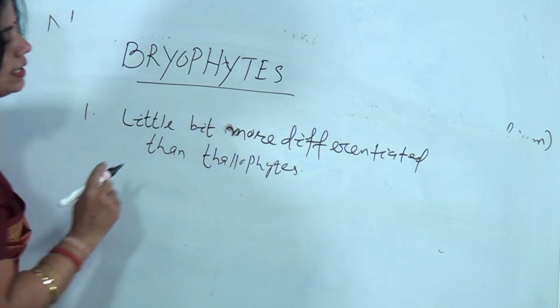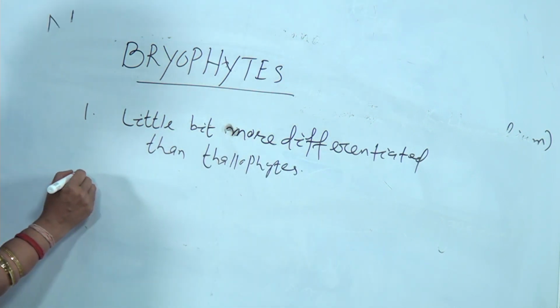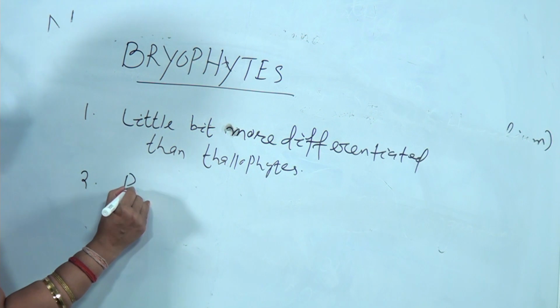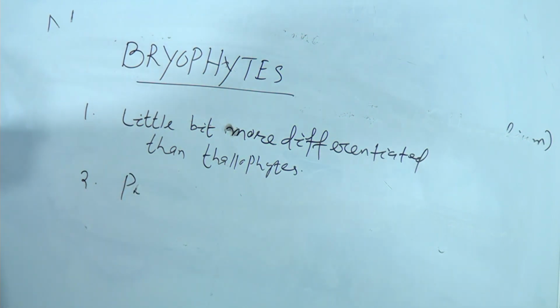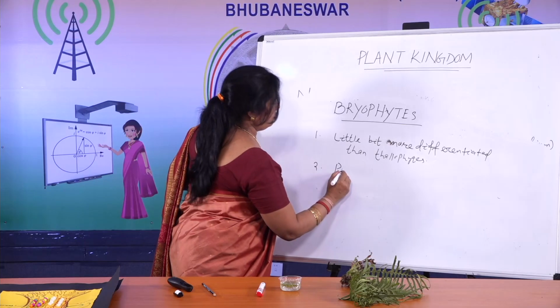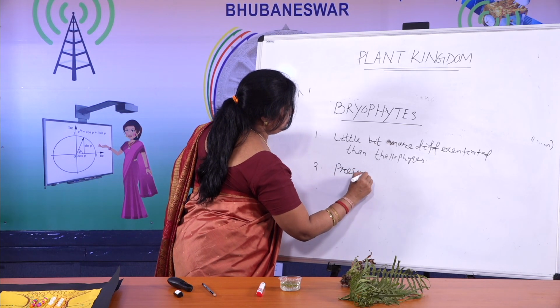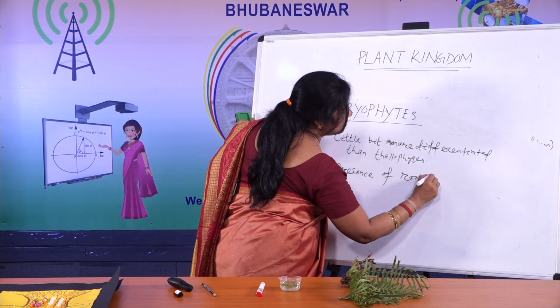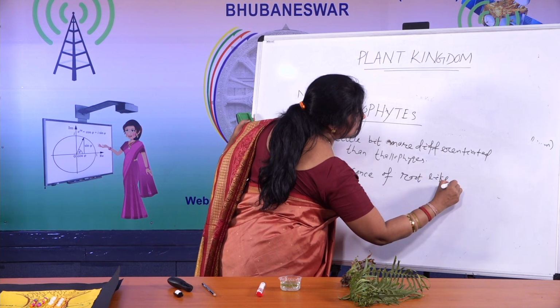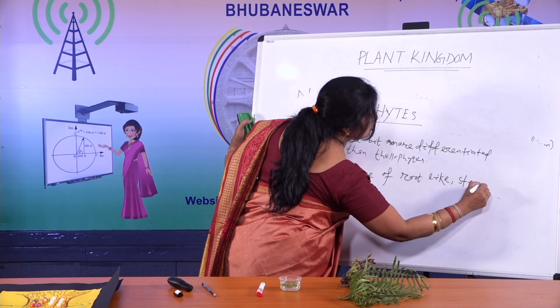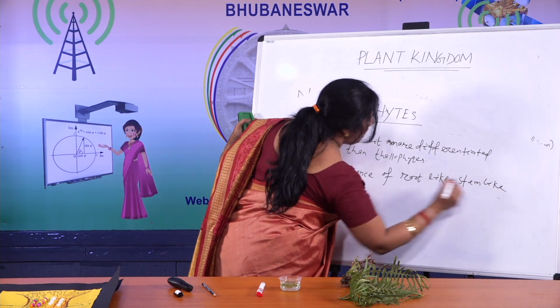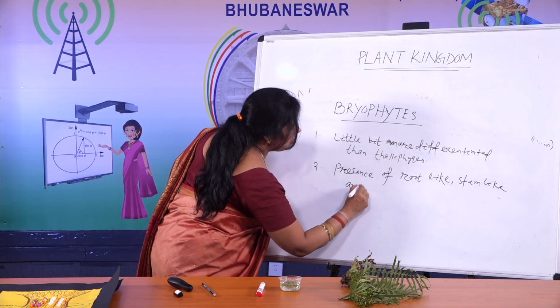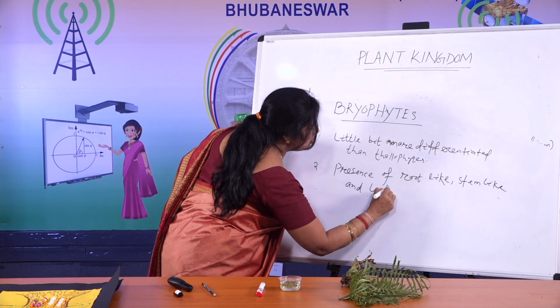So what do you find here? There is presence of root-like, stem-like and leaf-like structures.